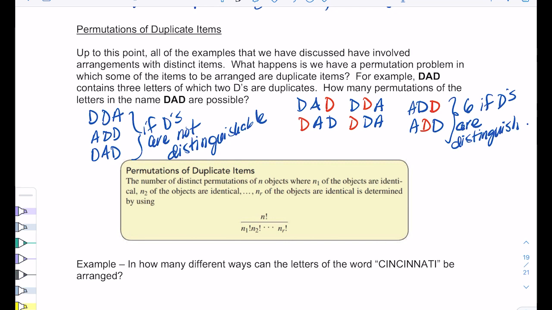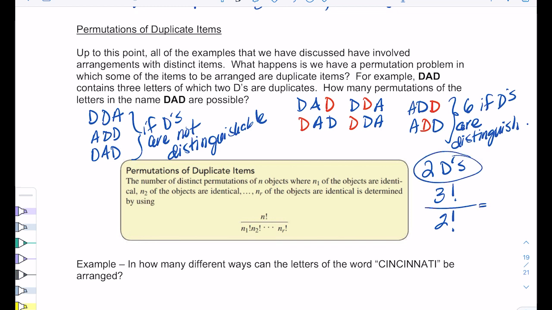So here I have the letter D, there's 2 D's, and I've got 3 letters. So it would be 3 factorial over 2 factorial, the 2 factorial representing the 2 D's that are repeated.